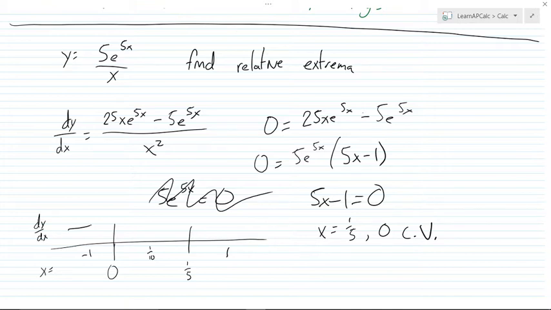I find that the best way to plug things in on your calculator is if you hit the y equals button. If you're on the TI-84 or 83, you type in your function. So I'll do that right now, even though you can't see, but I'm typing dy/dx into my y equals on the calculator.